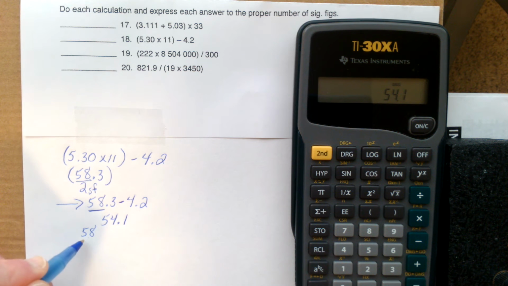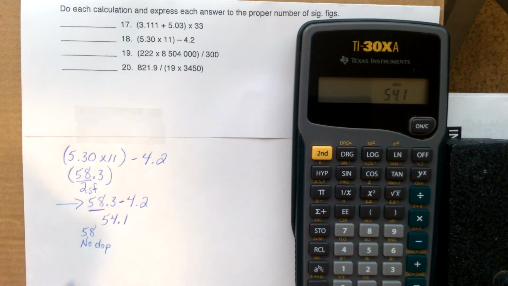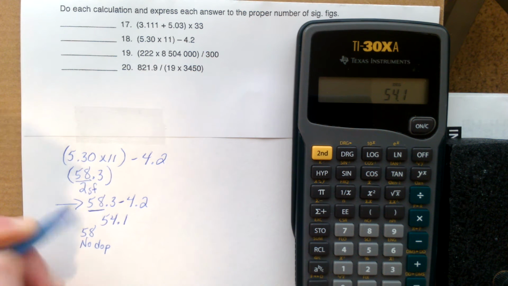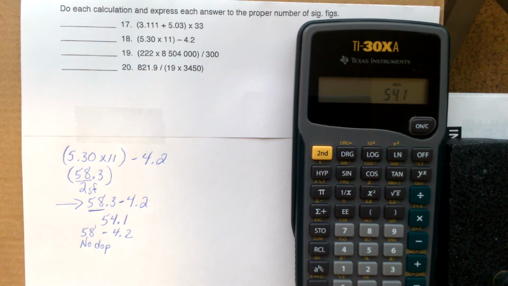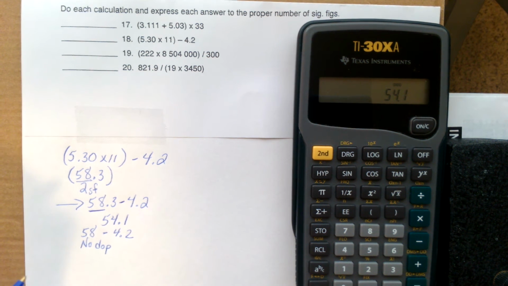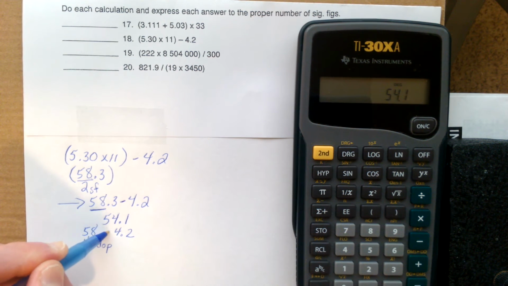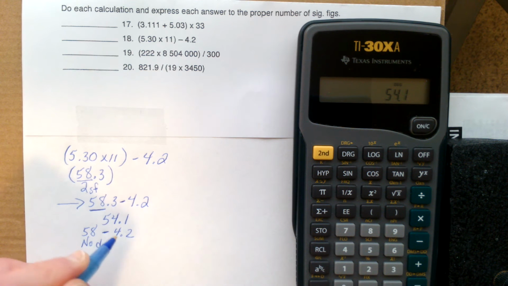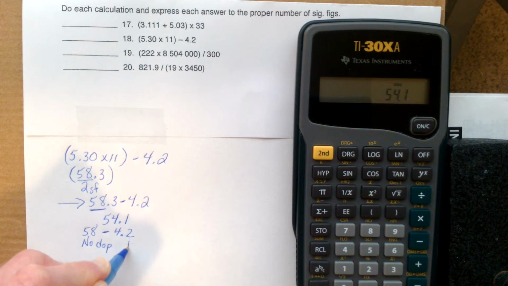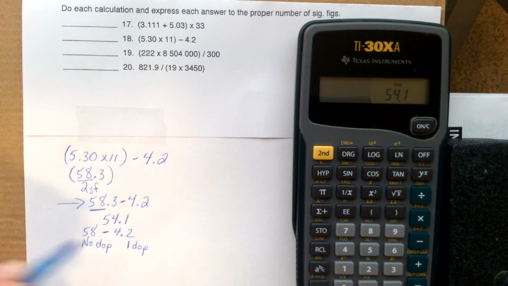That is 2 sig figs with no digits of precision, what I like to call no dopes, no digits of precision. I'm subtracting from it 4.2, which is also 2 significant figures, but subtraction is the operation I am doing. In subtraction, I have to look at the digits of precision, the decimals. 4.2 has 1 digit of precision.